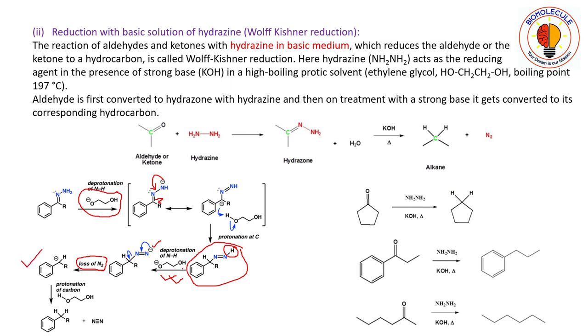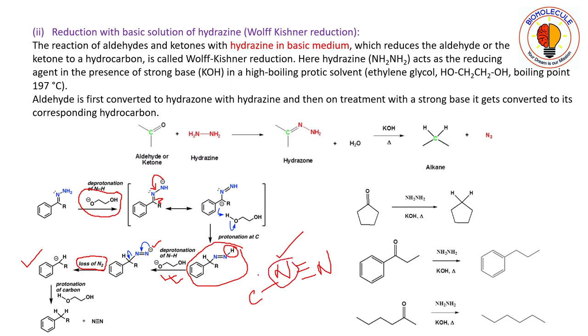Now why does this breaking occur? Because nitrogen is trivalent in nature, that is, nitrogen can have only three bonds. If nitrogen is forming a triple bond with another nitrogen, and this nitrogen is forming one bond with carbon, then it is becoming tetravalent.